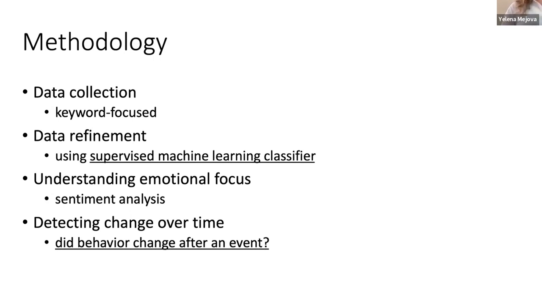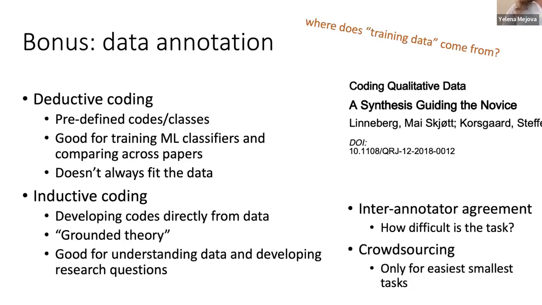We did data refinement using a classifier, because just because you mention loneliness doesn't mean that you are lonely. There was some sentiment analysis, and we did some detecting of change over time. One thing that I want to do a quick slide about is data annotation.